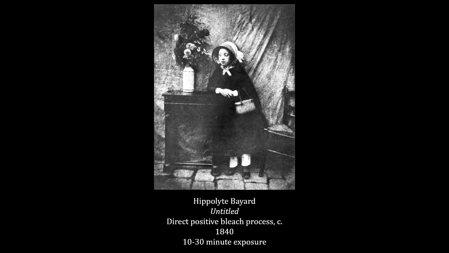So one of Bayard's had, again, a 10 to 30-minute exposure time, so having to hold that pose for that amount of time. And again, you have to have a lot of light with all of this. But as you can see, as far as normal straightforward portraiture, we're starting to deviate a little from what we normally think of as a portrait.